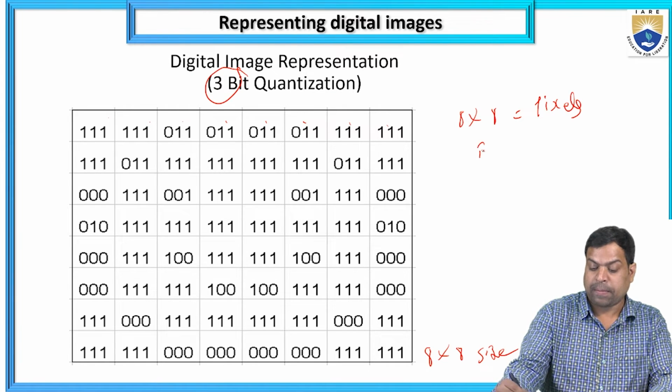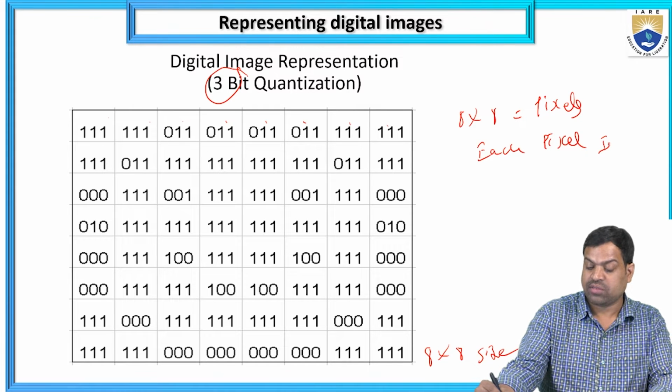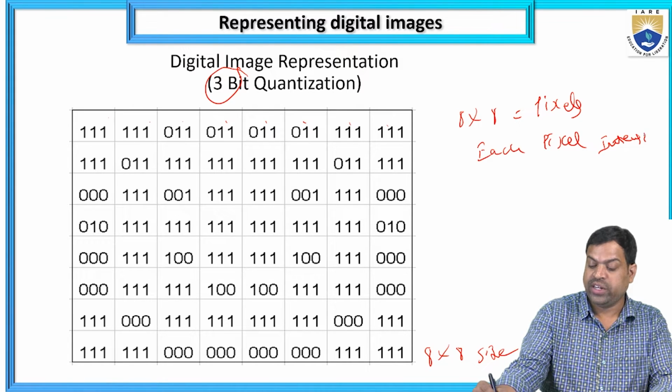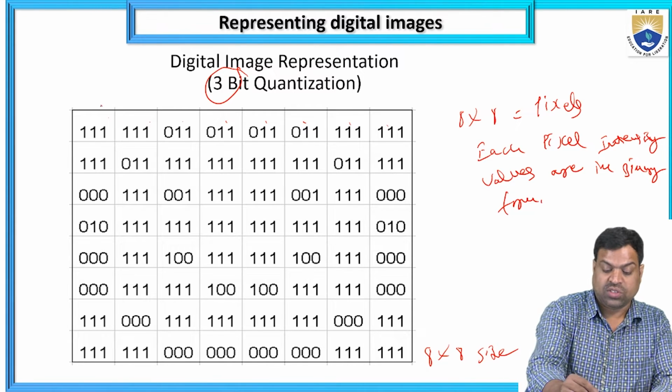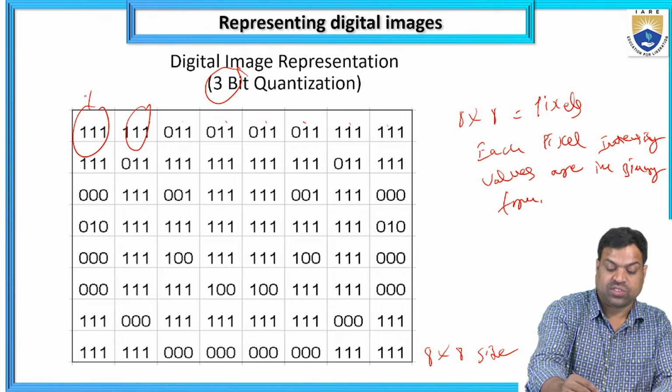Each pixel intensity value is in binary form. So each is the intensity value.